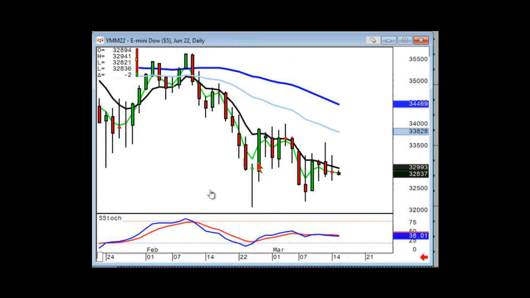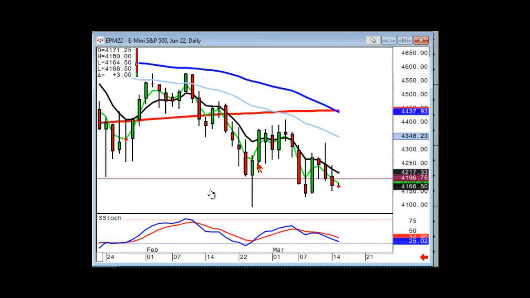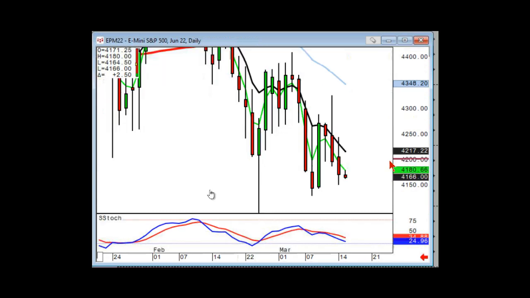Okay, the Dow futures now have just gone negative. And it looks like the E-minis are just about flat.